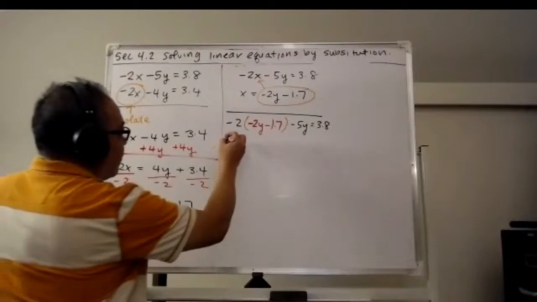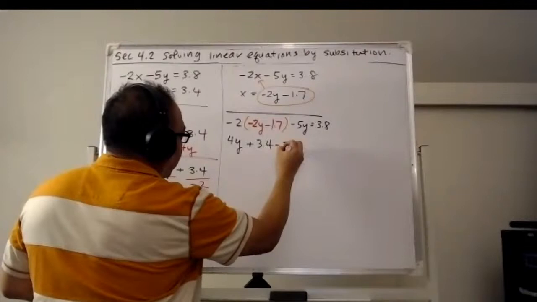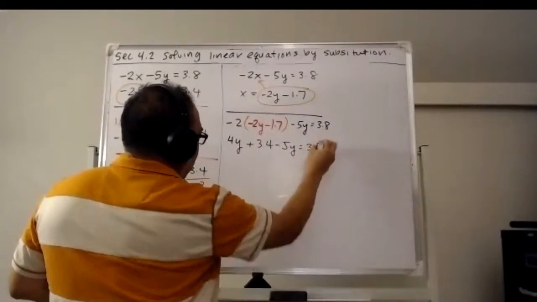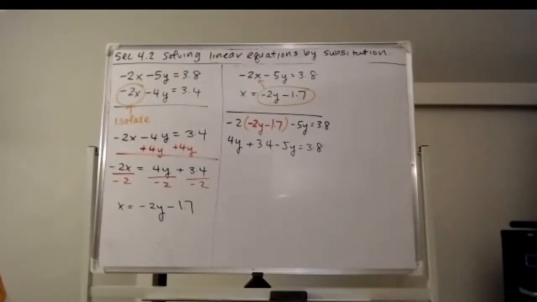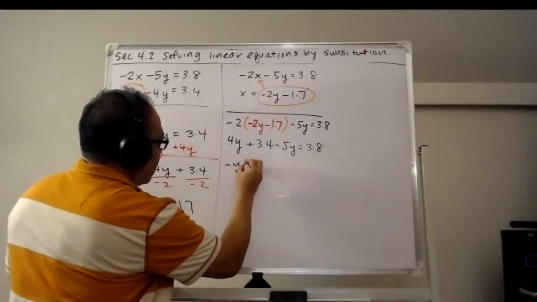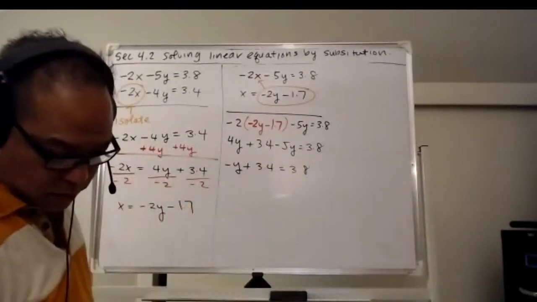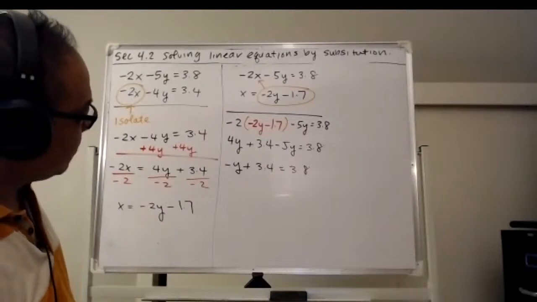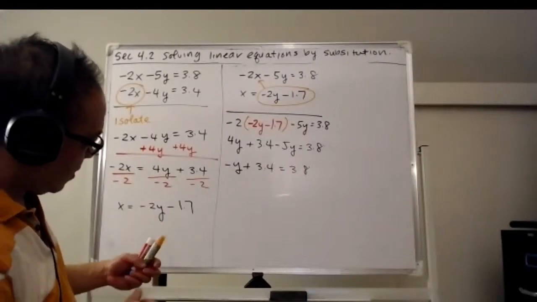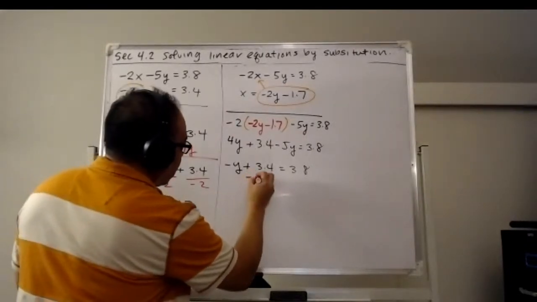And then you have 4y plus 3.4 minus 5y. So then this gives you minus y. I'm going to subtract both of these by 3.4.